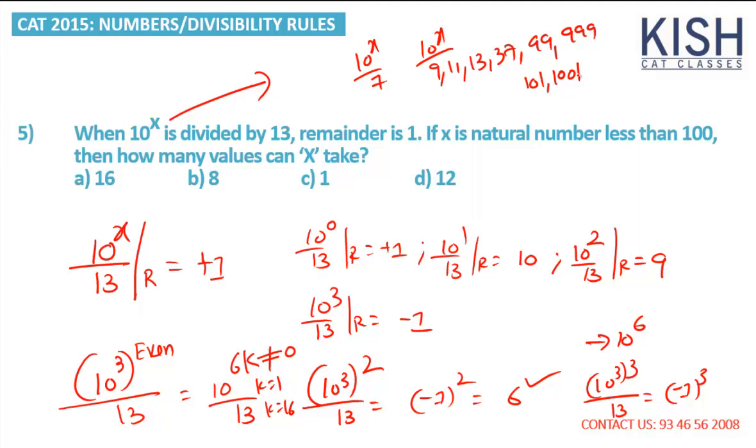Practice all these things and try to find the remainders and check when they get plus 1, minus 1 remainders, and try to see how many numbers there are if x lies between 0 and 100 and x is an integer. Good practice.